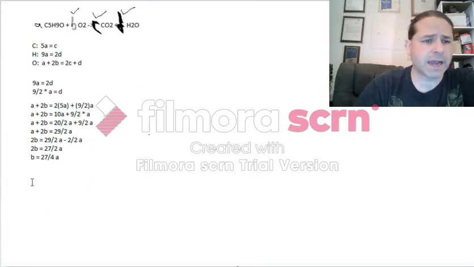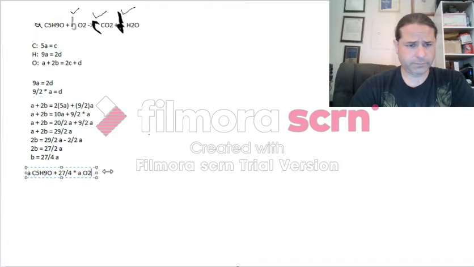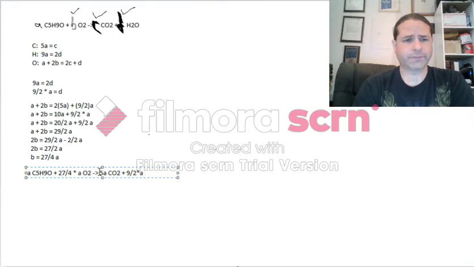So we could rewrite this entire equation as A C5H9O plus 27/4 times A O2, and that all goes to 5A CO2 plus, where D is 9/2 A, 9/2 A H2O.